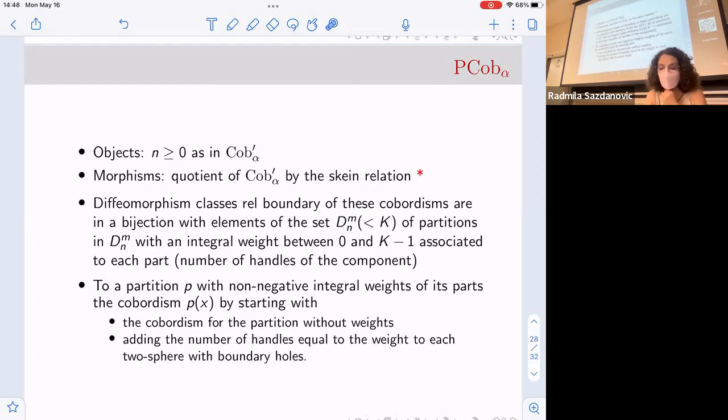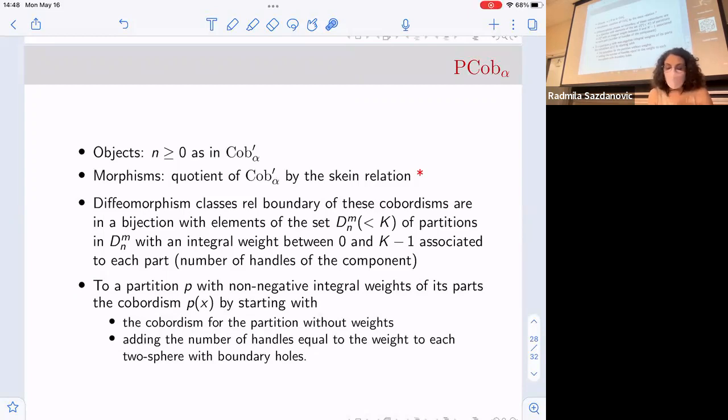That just means that we're no longer going to be counting just partitions, but we're going to have weighted partitions. Basically they're going to be labeled by a number from 0 to k minus 1 that corresponds to the thing that's being lost when you go from cobordisms to partitions. So it's going to be the genus, or the number of handles in the cobordism.